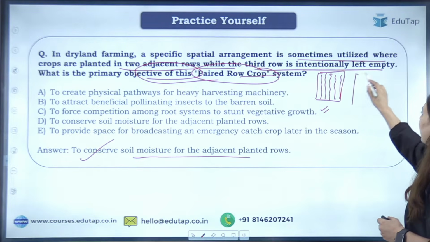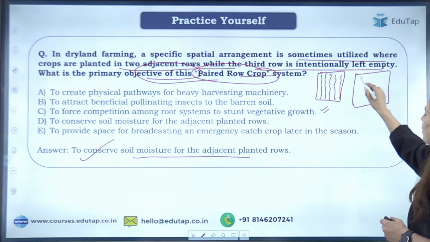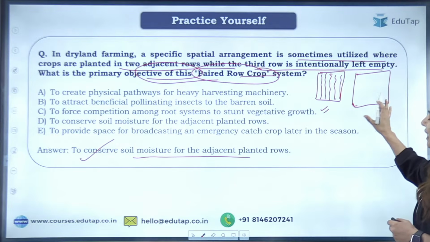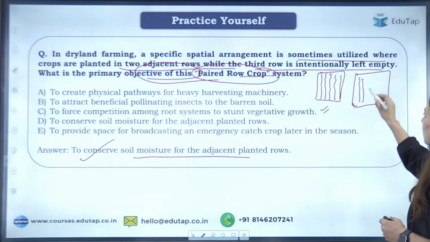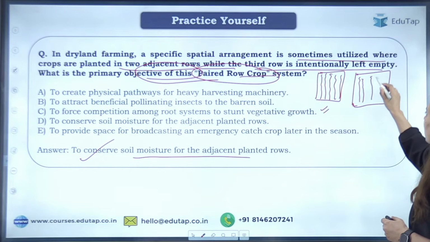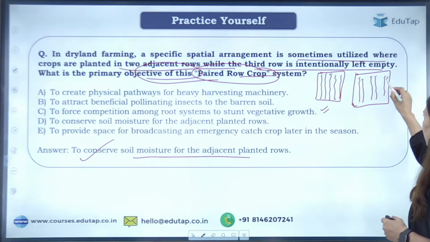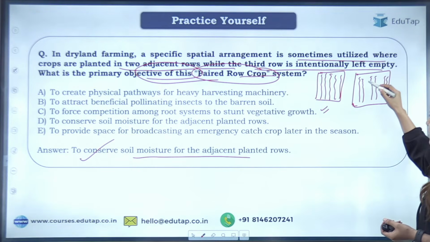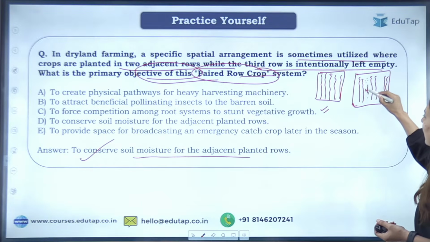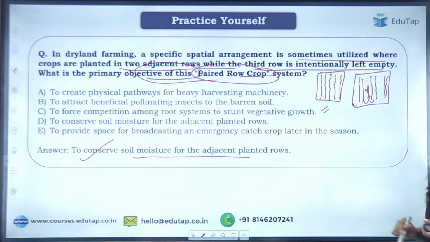But sometimes when we want to conserve moisture or when we want the plant to grow well, we skip the third row and we grow crop in paired row system. Why is this done? If there is rainfall or irrigation, water can be conserved in this empty area that can later be utilized by the adjacent row crop, right? So that is the advantage, or that is why this particular system is adopted.